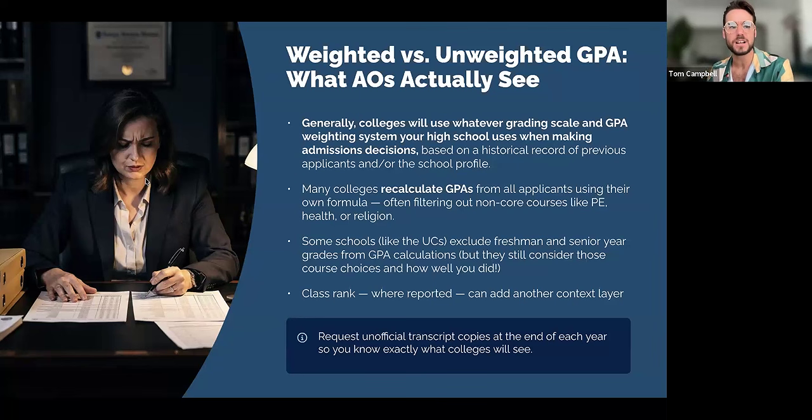Sometimes families ask if colleges look at middle school grades, because there are certain states or schools where middle school grades or exams and scores will be present on a transcript. I don't know of really any schools that are doing that. I think the UCs will allow for some credit for their A through G requirements to come from middle school, but most colleges and most schools are not looking at your middle school grades or performance or extracurriculars.